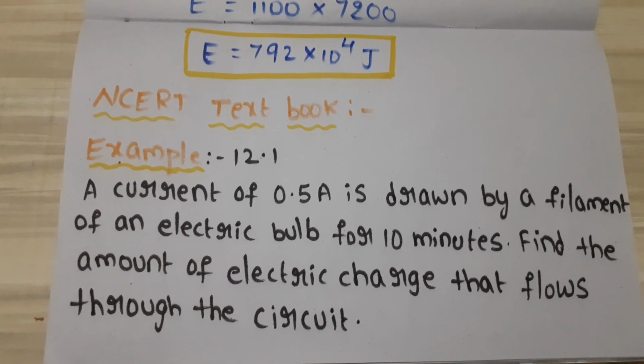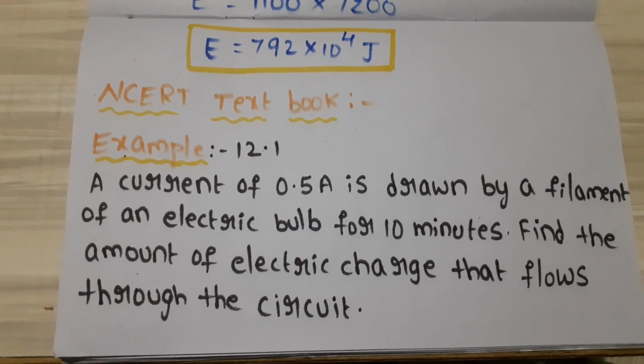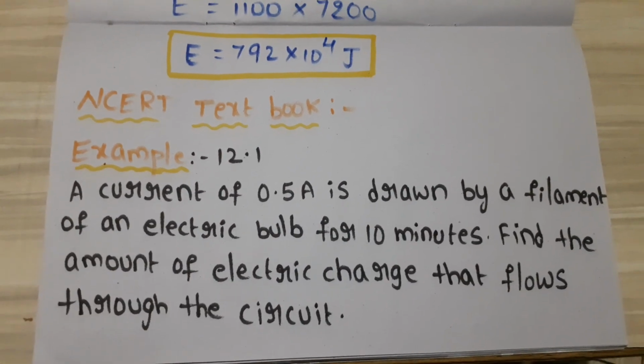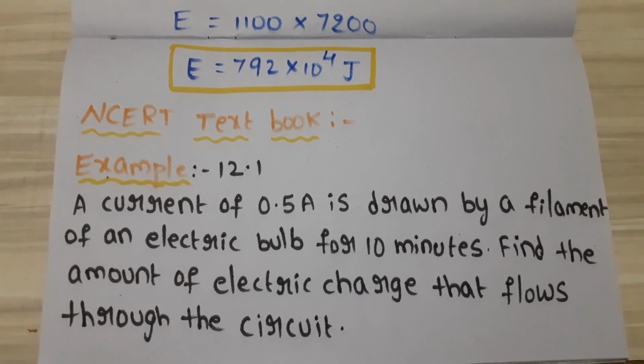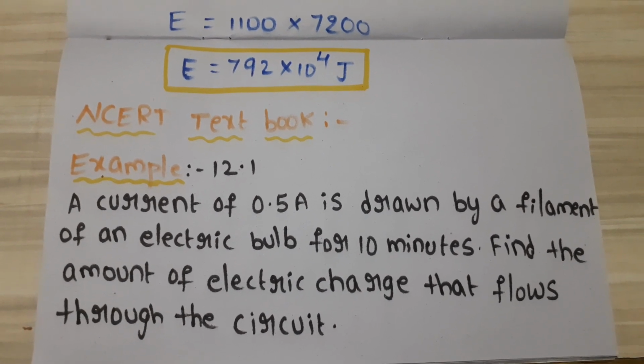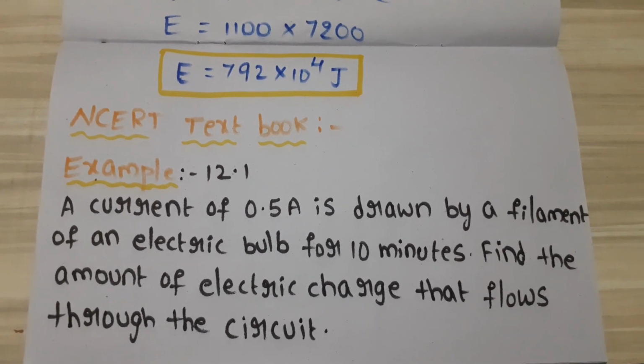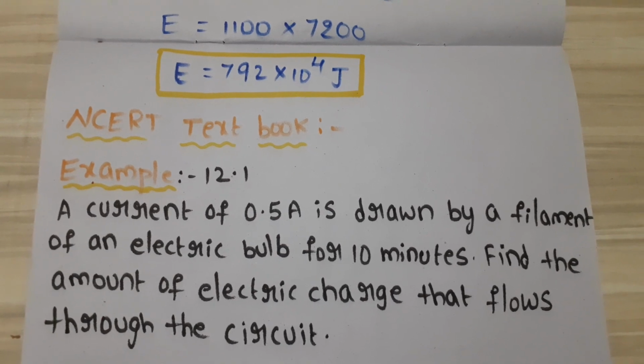Next, textbook example problem 12.1. A current of 0.5 ampere is drawn by the filament of an electric bulb for 10 minutes. Find the amount of electrical charge that flows through the circuit.